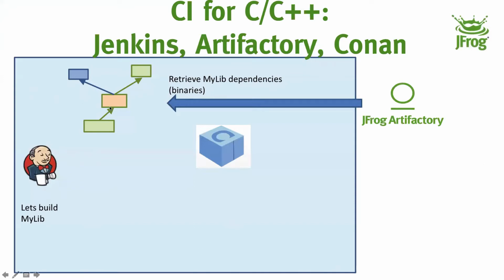These are all the transitive dependencies, but this one, for example, is a package. Only the right package binary will be retrieved based on the environment, based on what the client requested.